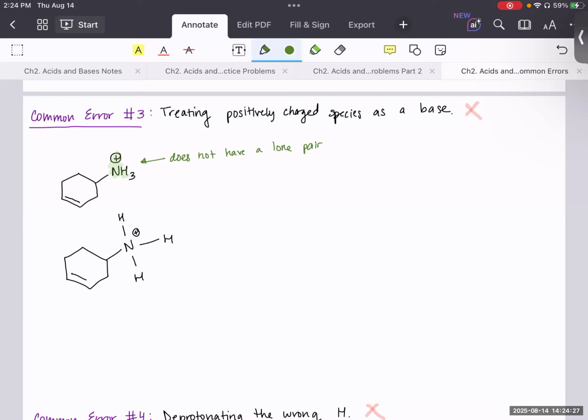That means it cannot react as a base. So in general, if you see a positive charge, avoid treating that compound like a base. You should instead be thinking about it being an acid and looking for which hydrogens are able to be pulled off.